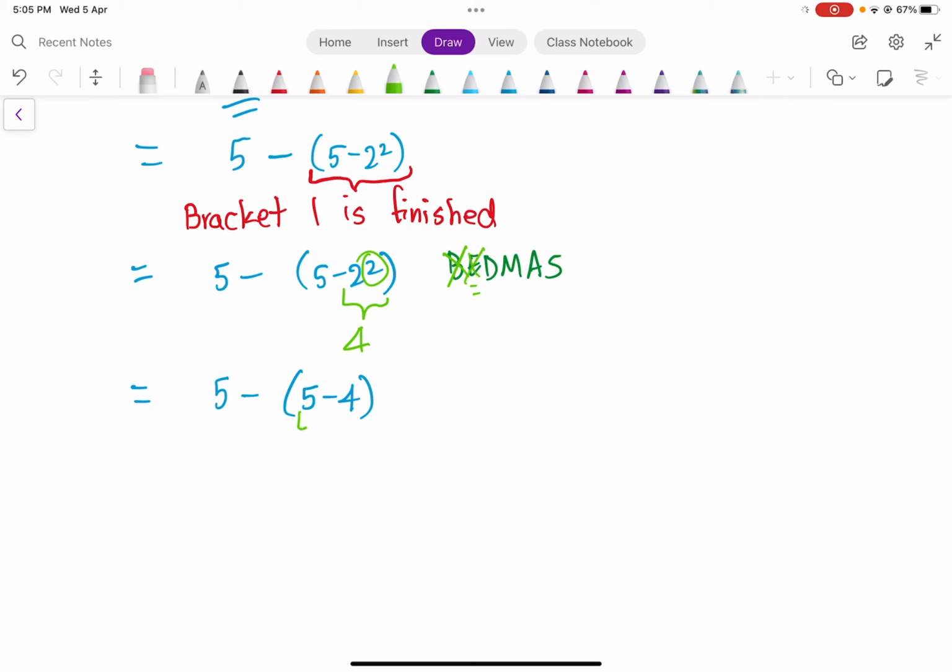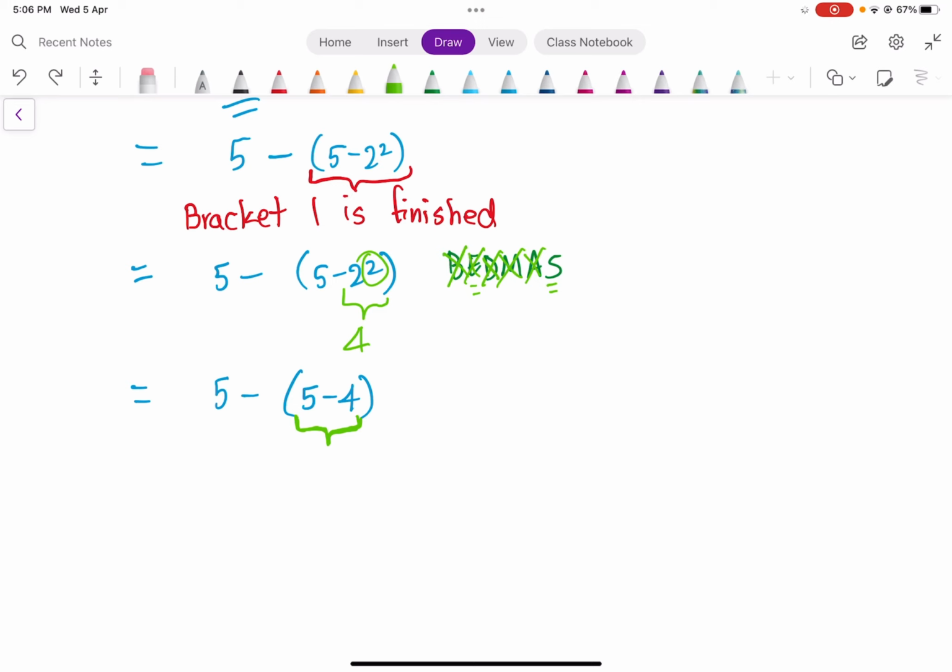Now, what comes next in BEDMAS? Division, but do we have any division in this? No. So let's cross out division. Do we have any multiplication? No. Is there any addition? Well, no. So this is subtraction, obviously.